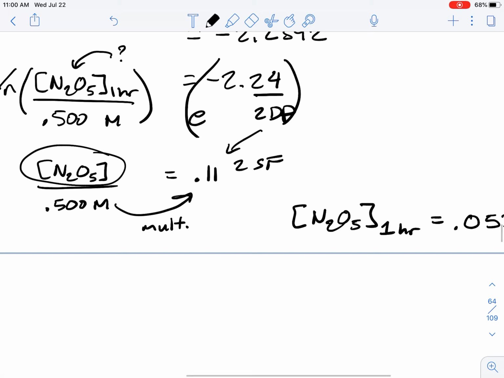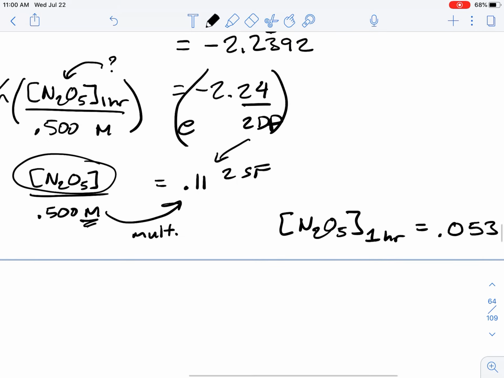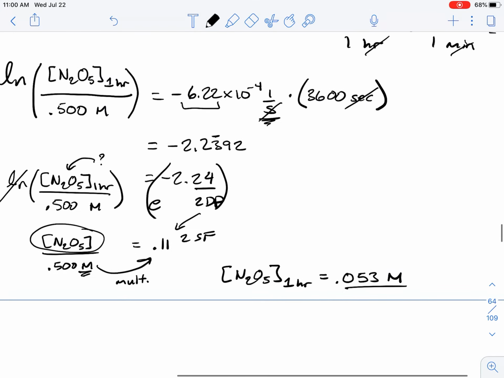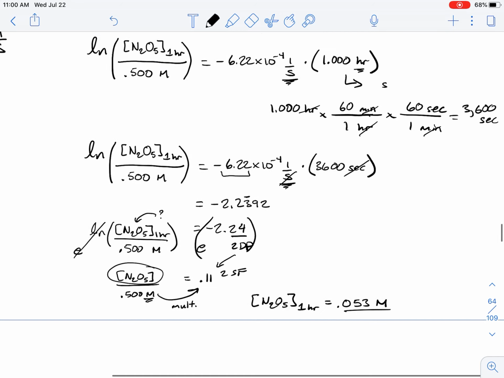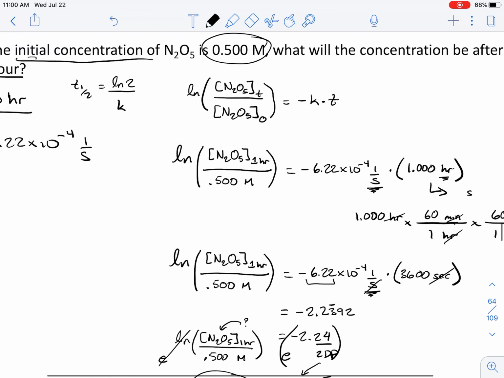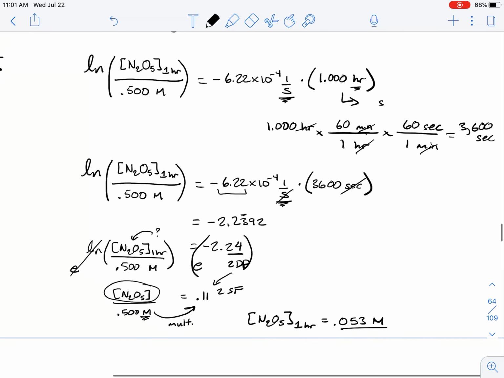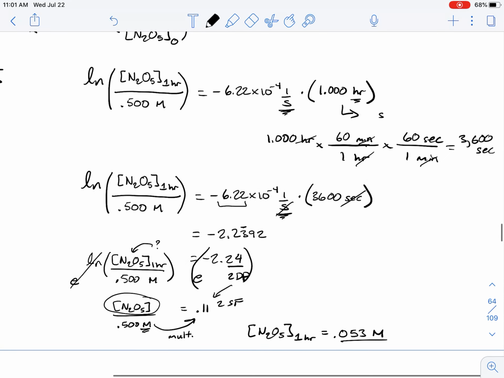Okay. All right, so notice the unit molarity is now going to be in the numerator, giving us our final unit for this value. And so what we want to do is make sure that our answer makes sense. After 1 hour has passed, remember that 0.500 molar is the initial concentration.